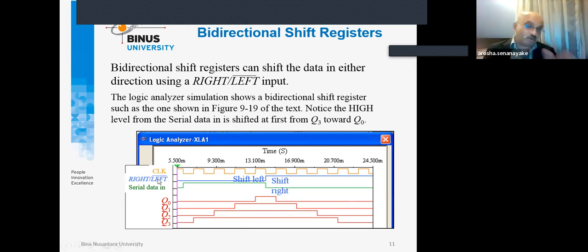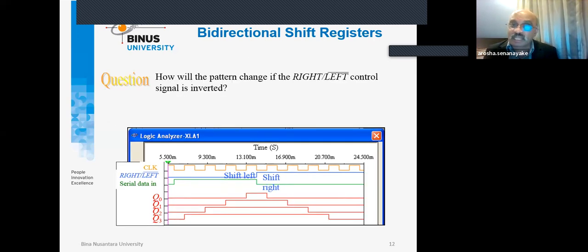I'm not going to explain it here, but you have to understand the concept of left and right. Very important: as long as it is low, shifting will be to the left, to this side. And as long as the signal is active, or in 1, the shift to the right will occur. That's basically what you have to understand.